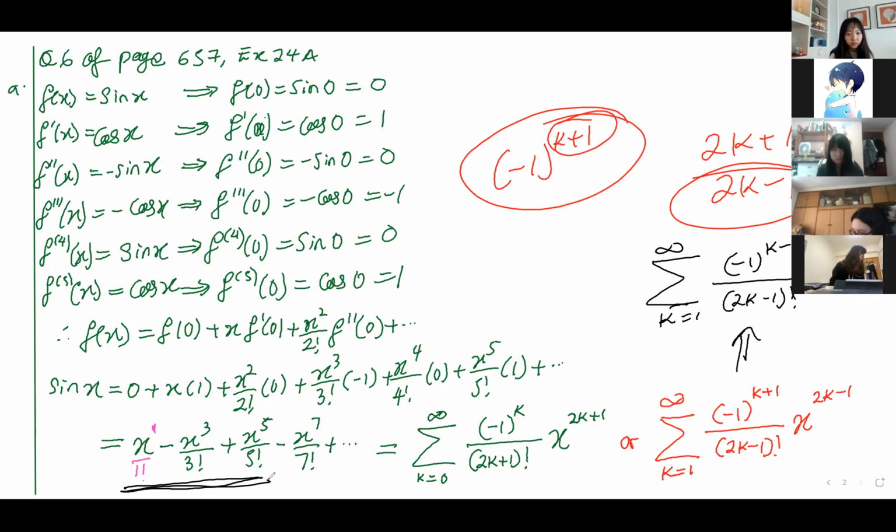So let's see quickly from 0 to 5. Let's go to the next page. So the B part, do not forget: second order does not exist.